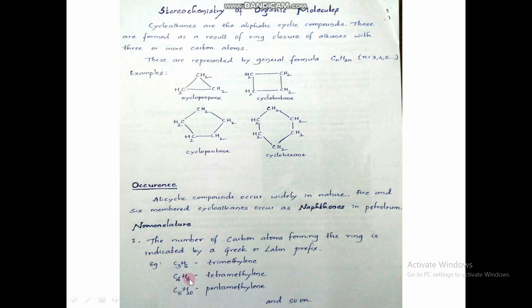Similarly, C4H8 has 4 carbon atoms, so tetramethylene. Next is C5H10, pentamethylene. Here tri, tetra, penta are Greek or Latin prefixes. This is the common name for C3H6, C4H8 and C5H10 and so on.